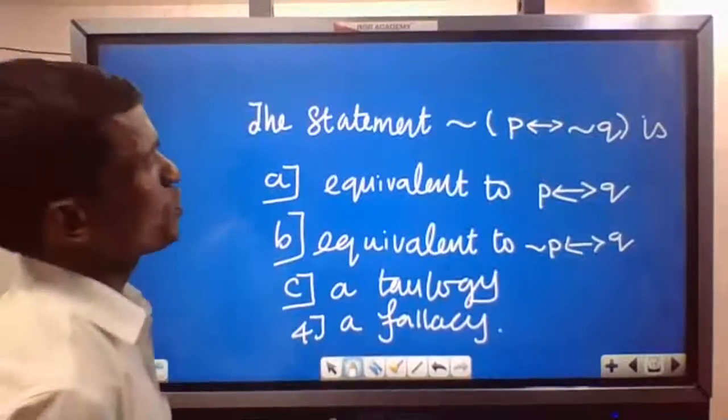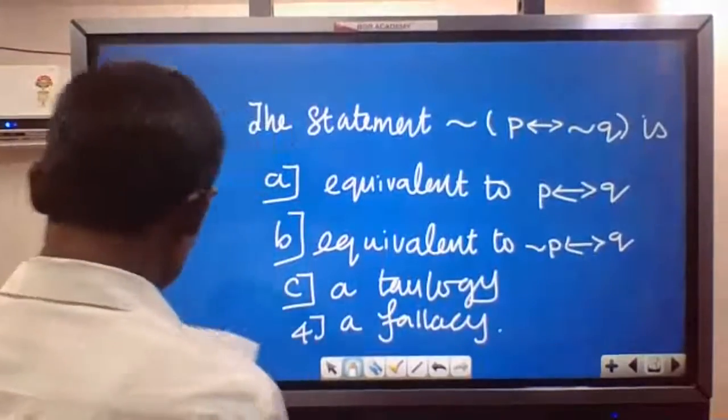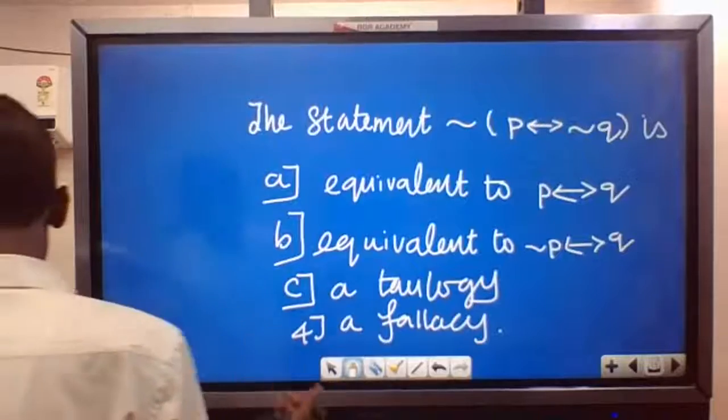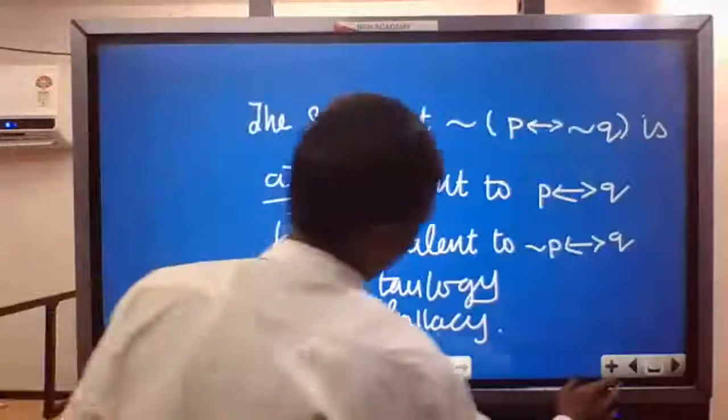We compare the options given in the question. First, frame the truth table.